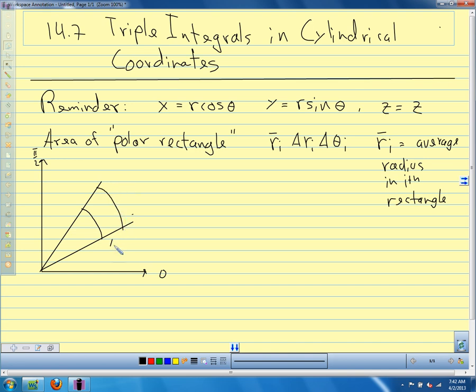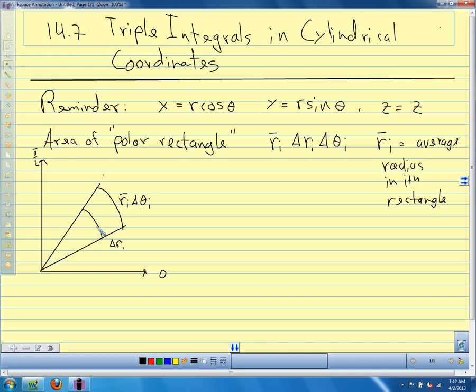We said this side was delta r sub i, and this side was the average radius times delta theta sub i. So we're talking about the area of this little sector.